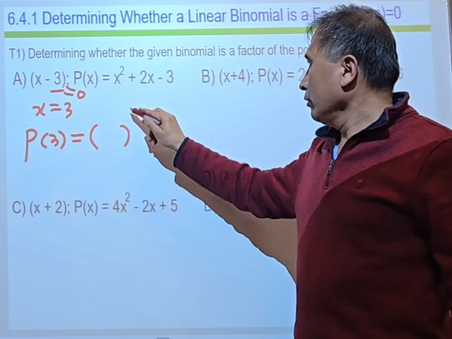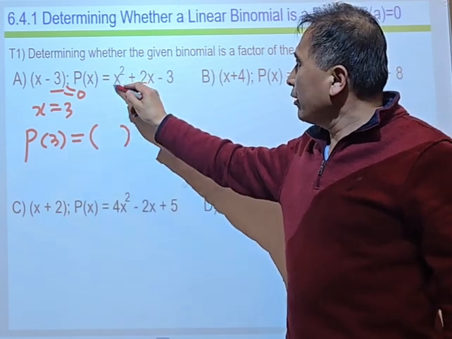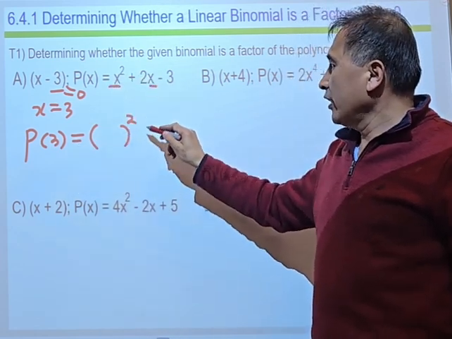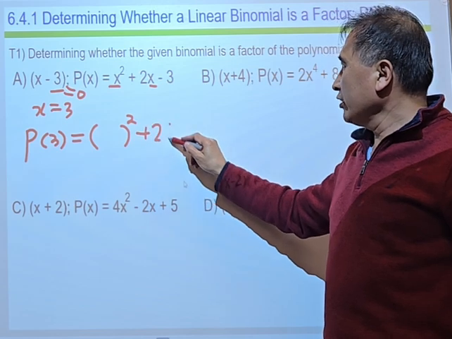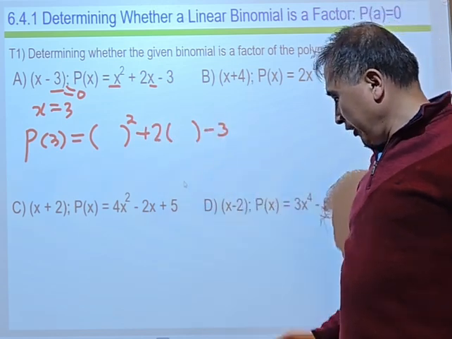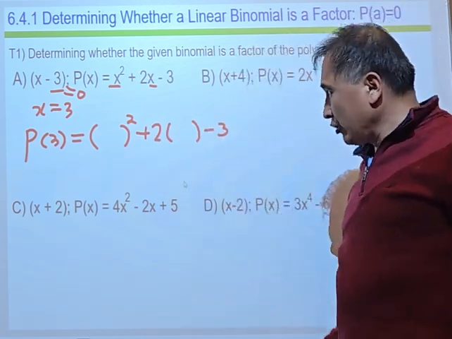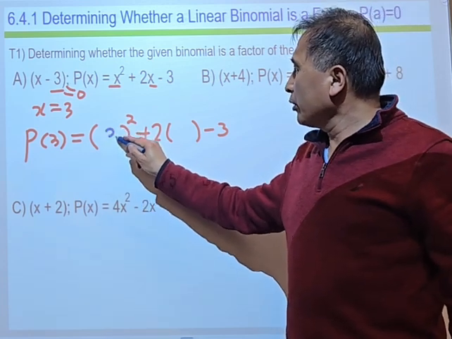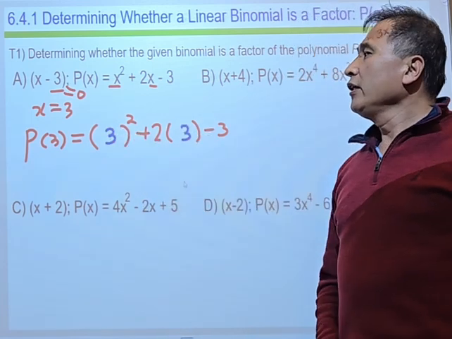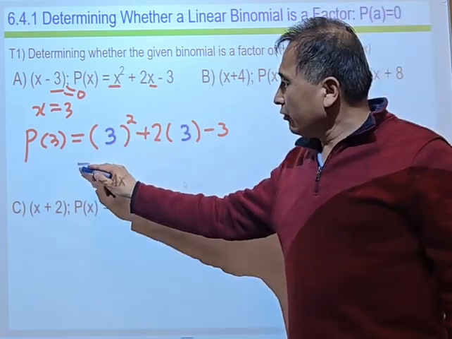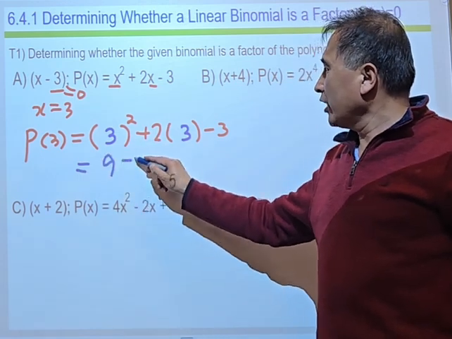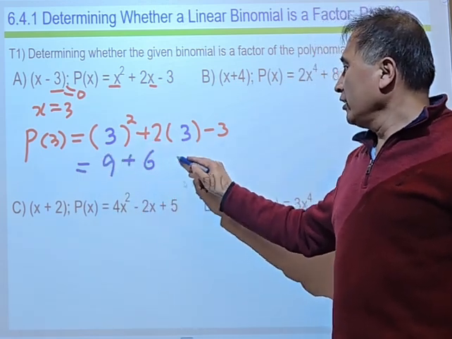When you plug in, we change the variable to parentheses squared plus 2 parentheses minus 3 right here. And then we need to check when x equals 3, so I'm going to put 3 there. So then let's calculate: 3 squared is 9, 2 times 3 is 6, minus 3.